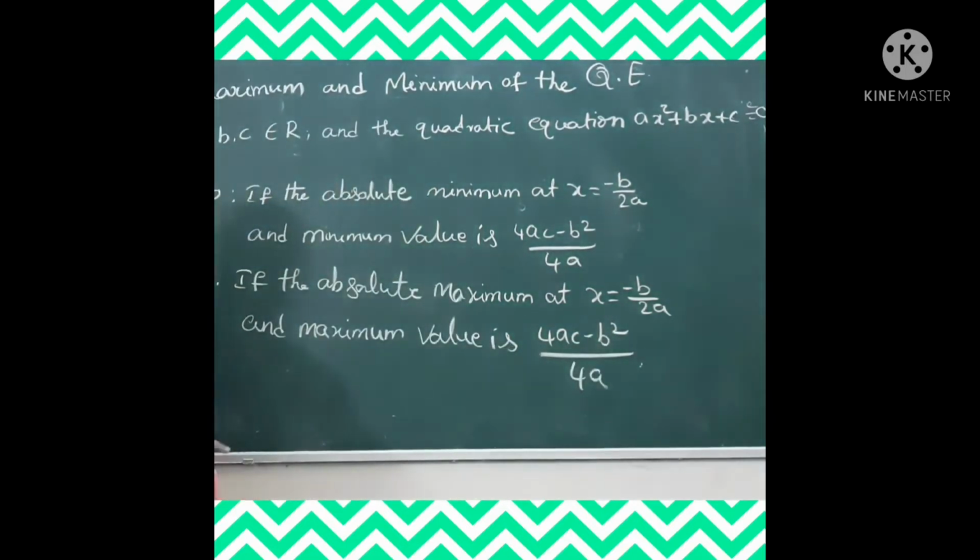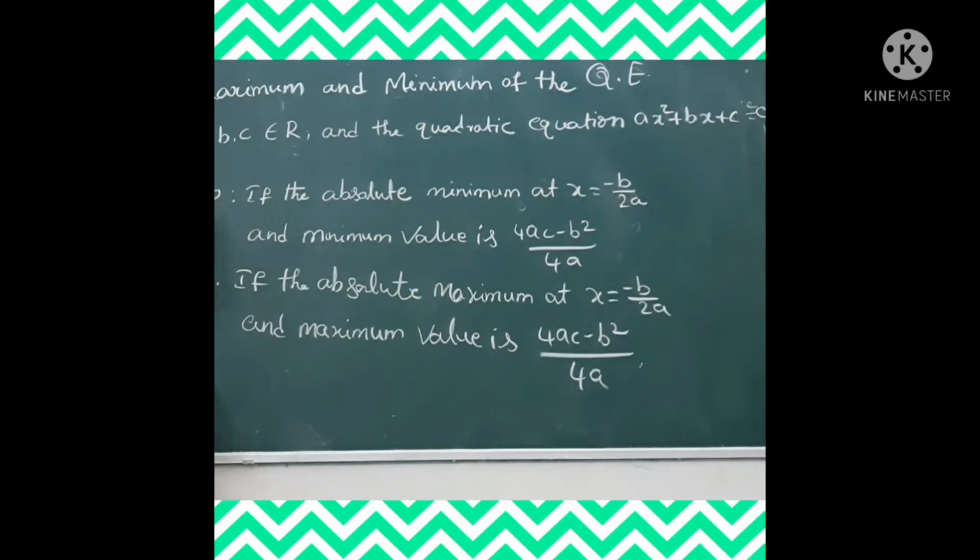Okay, understand here, maximum and minimum values of the quadratic equation. Here a, b, c belongs to R and the quadratic equation ax square plus bx plus c is equal to 0. First condition is a is greater than 0, means the x square coefficient is positive. Then the absolute minimum is at x is equal to minus b by 2a and the minimum value is 4ac minus b square by 4a.